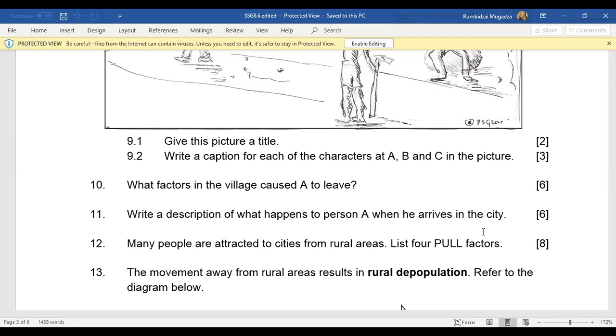The push factors. They cause conflict. Factors that draw people out of certain areas. That's correct, Daniel. Thank you. They lead them out of the, Natalie, they lead them out of the rural areas, not city. Okay.